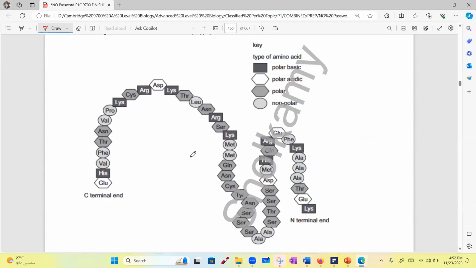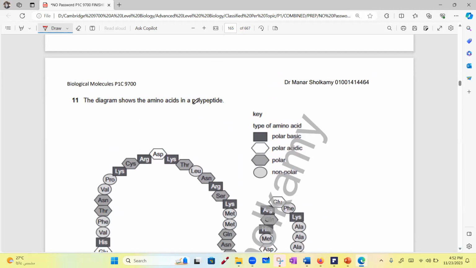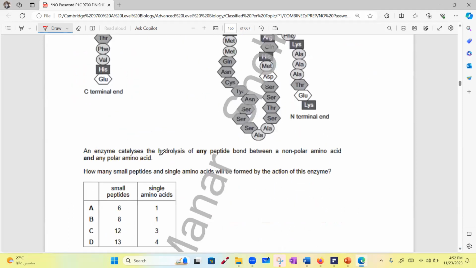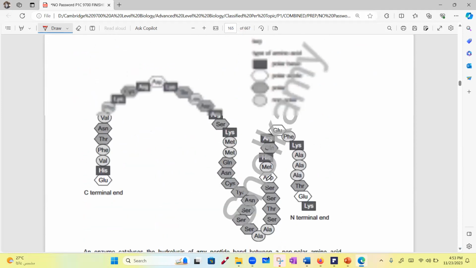Okay, let's finish this exam. This question is not nice at all. The diagram shows the amino acids in a polypeptide. An enzyme catalyzes the hydrolysis of any peptide bond between a non-polar amino acid and any polar amino acid. How many small peptides and single amino acids will be formed by the action of this enzyme?